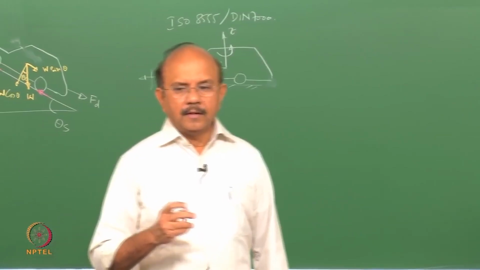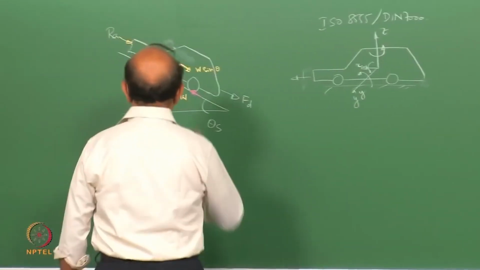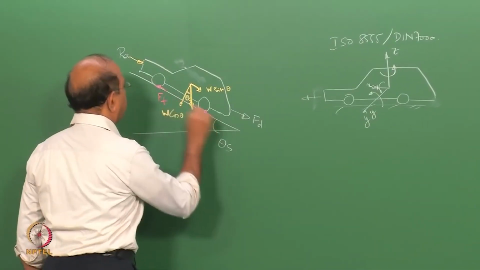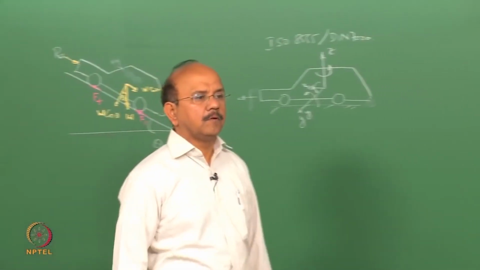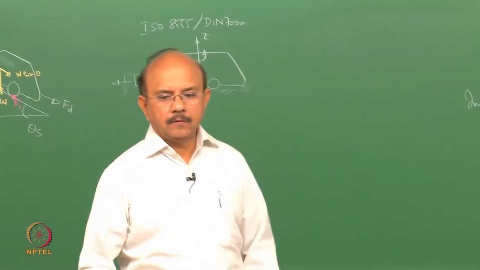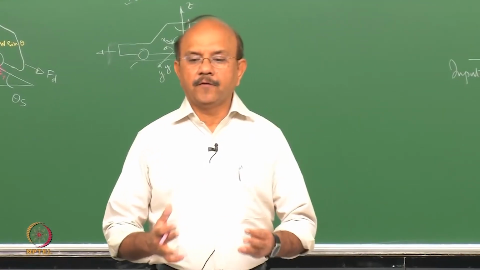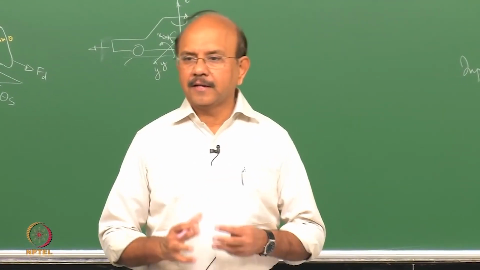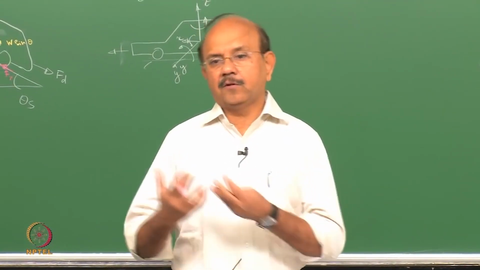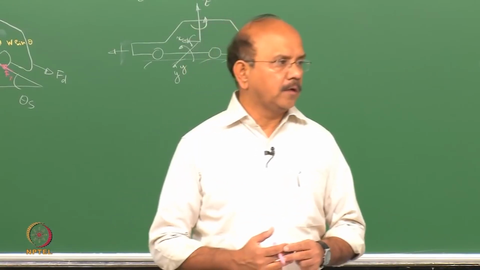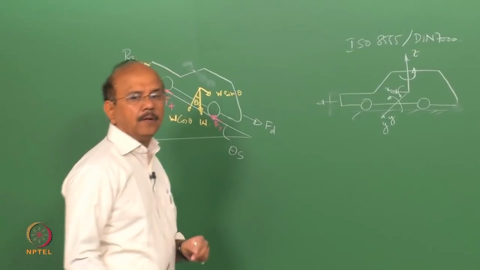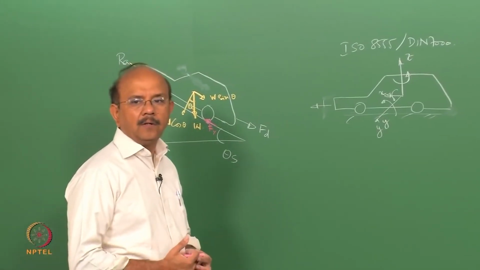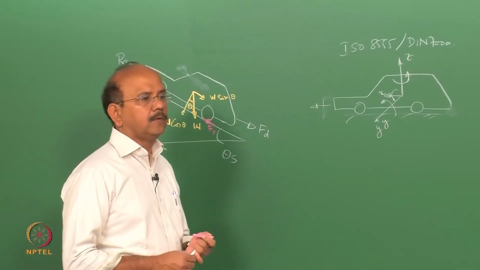Let us look at this tractive force and call these FF and FR. Of course, in every vehicle FF and FR will not act together, it may be a front wheel drive, or it may be a rear wheel drive, and so on. So, depending upon the front and the rear wheel drive, you will have either one, or if it is a four wheel drive, then you will have all of these.